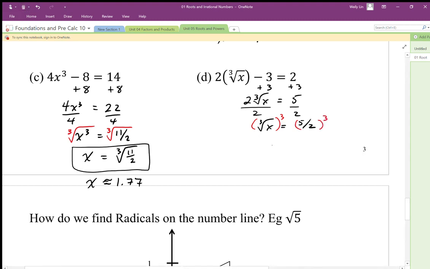So I end up with x equals 125 over 8. Okay, so when I cube that, I'm going to end up with 5 over 2 times 5 over 2 times 5 over 2. So I can do cube with repeated multiplication. And I end up with 125 in the numerator, 8 in the denominator.